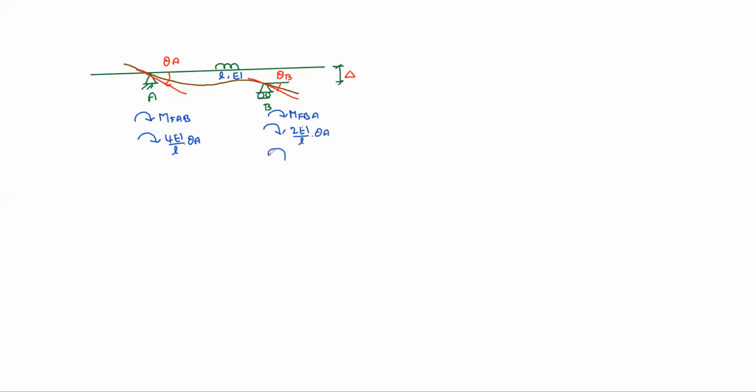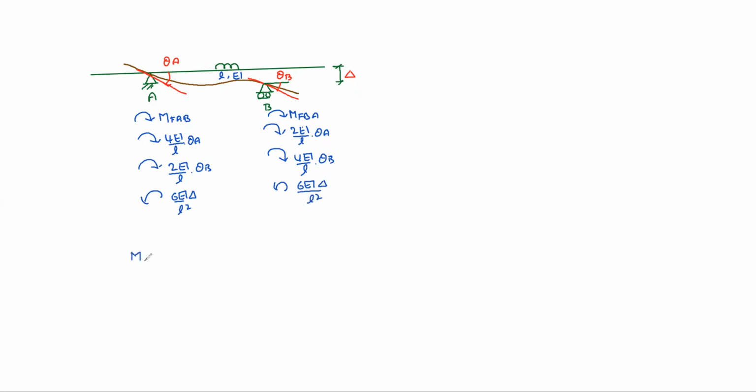To make it rotate at B, 4EI by L into theta B, carry over 2EI by L into theta B developed. To make the delta displacement, anti-clockwise 6EI delta by L square. Here also anti-clockwise 6EI delta by L square will develop.